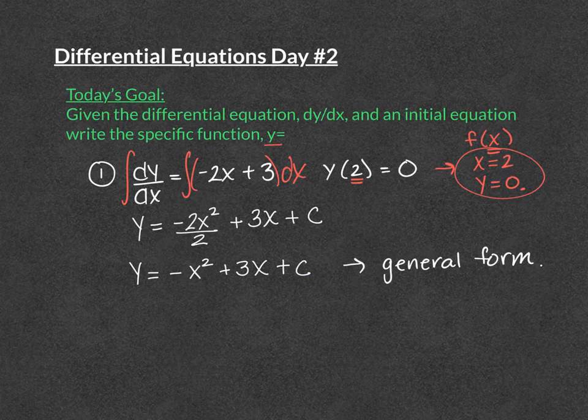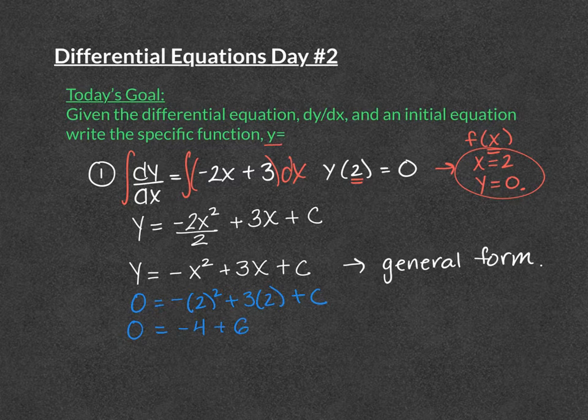So instead of y, I'm going to put 0, and instead of x, I'm going to put 2. So y is 0 and x is 2, and we're going to solve. 0 equals negative 4 plus 6 plus c. Negative 4 plus 6 is 2, so 0 equals 2 plus c.